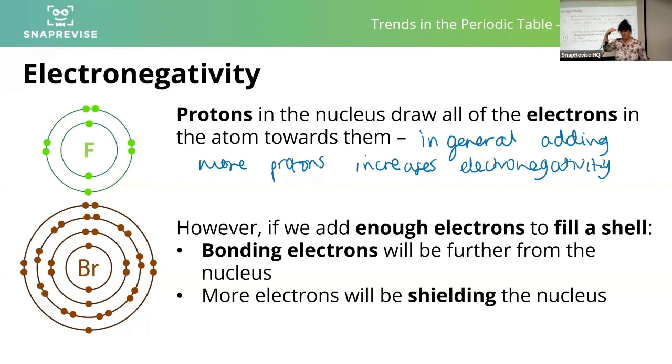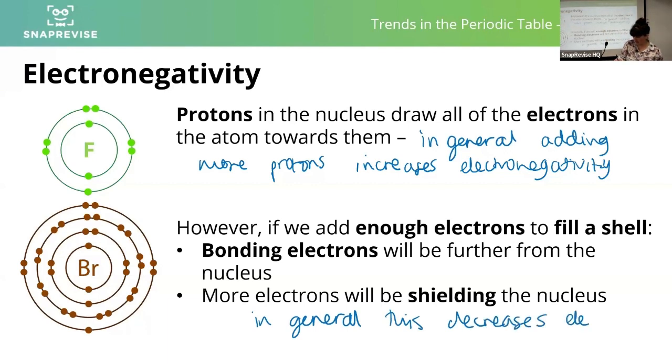That means as you go down a group, you're increasing protons, which should increase electronegativity, but you're also increasing electron shells, which is going to decrease electronegativity. So again, in general, this decreases electronegativity. Oops, definitely haven't given myself enough space. Let's try that again.